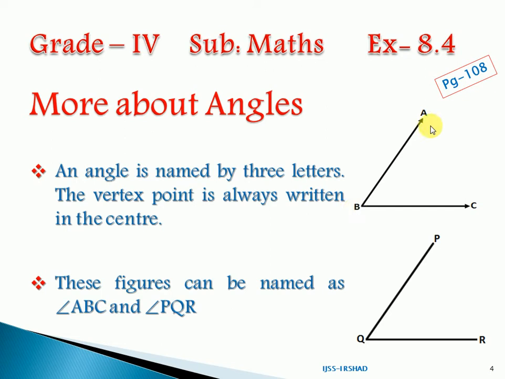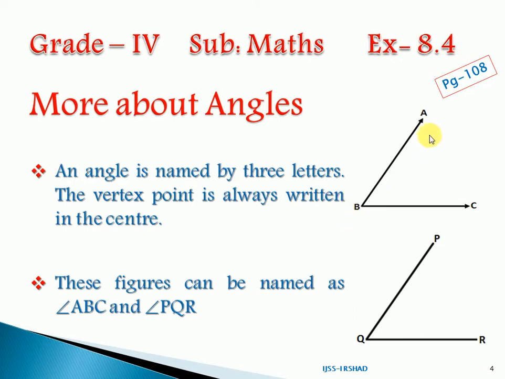You can start the name either from here or from here, from the starting of any arm. This arm is BA, so you can start the name of the angle from A, or with this arm, this is BC, so this is the end one. In both cases B will be in the center.